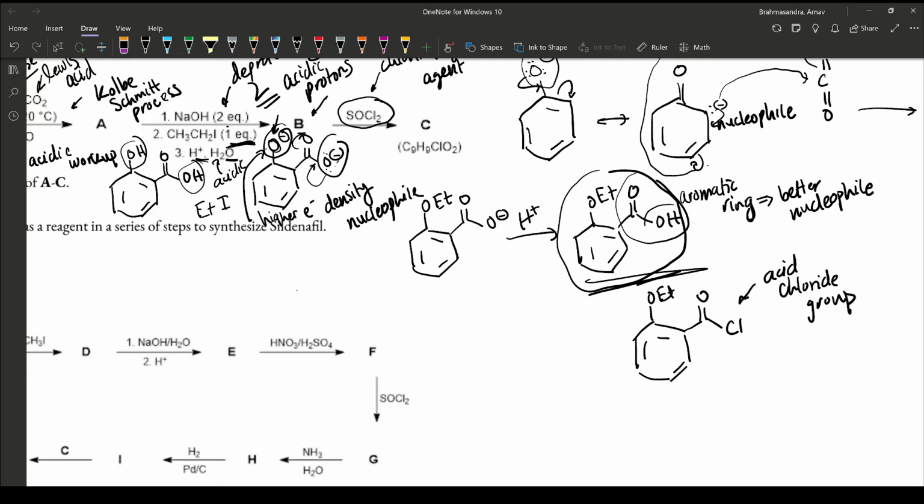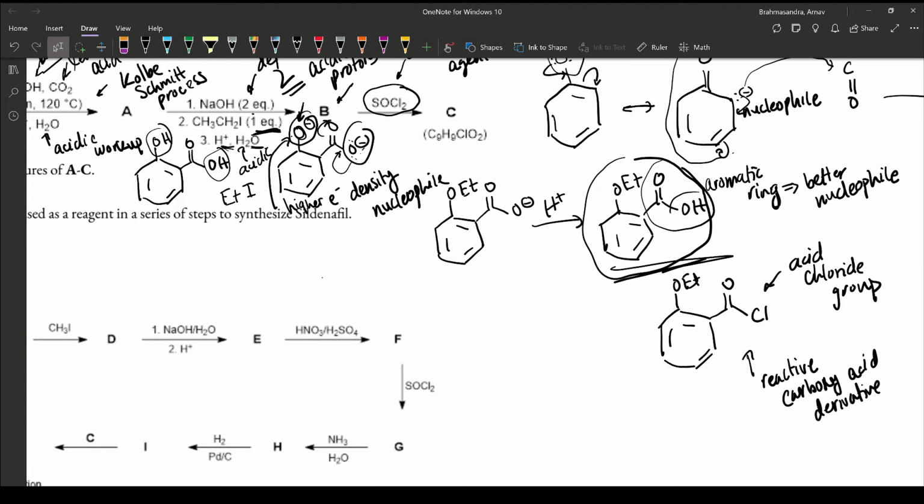It's already electrophilic because it's connected to an oxygen, but because of this chlorine, it's going to be even more electrophilic and thus way more reactive. So this is the most reactive carboxylic acid derivative. That's why we want to make it a chloride, because maybe in our synthesis we're going to have something react with that carbonyl carbon. So that should give us an idea for the future.